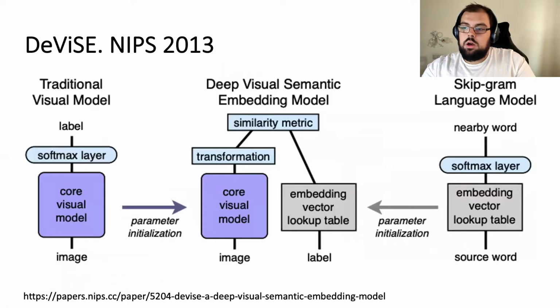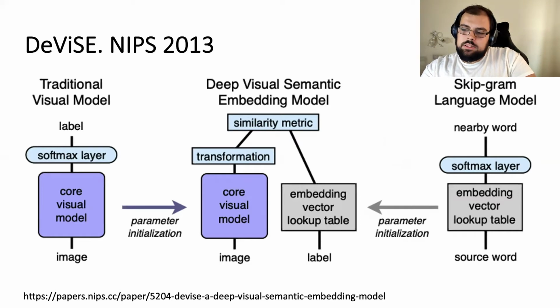There was a paper at NIPS 2013 called Deep Visual-Semantic Embedding that suggested the following pipeline. The authors take two pre-trained models, one visual model and the other a language model, and then fine-tune them together so that they can map images and labels or text to the same semantic vector space.